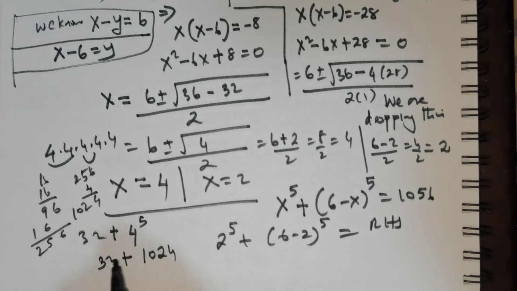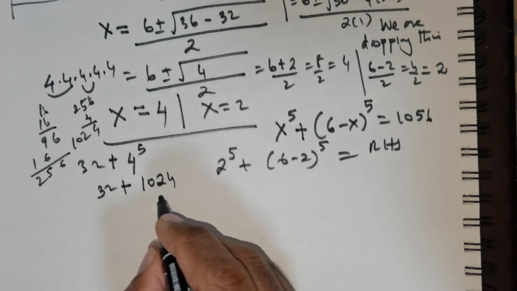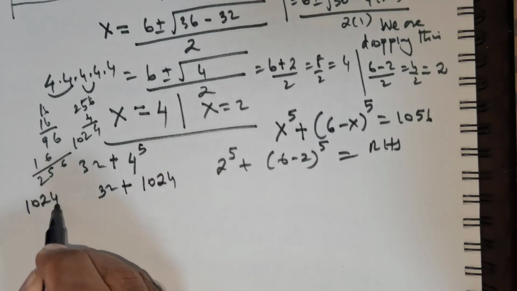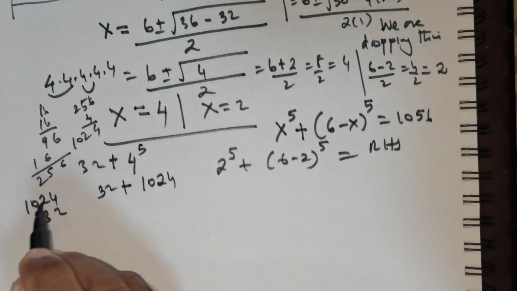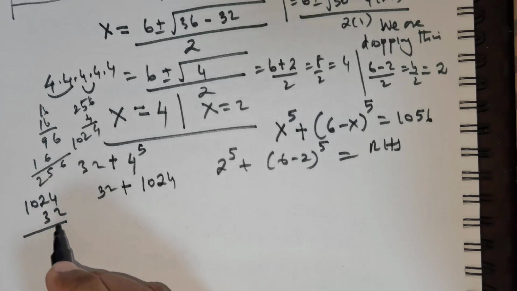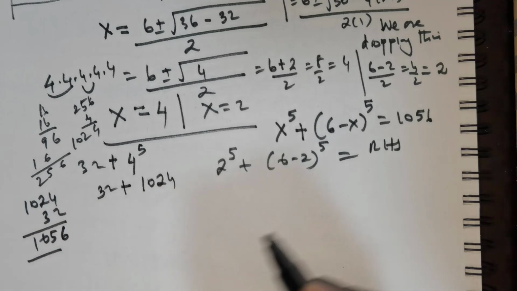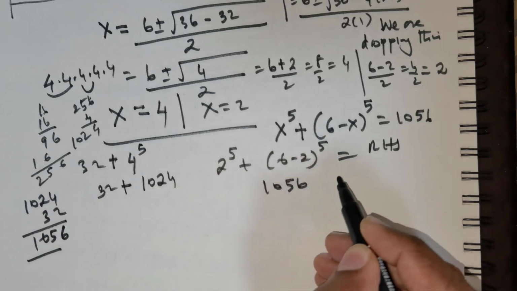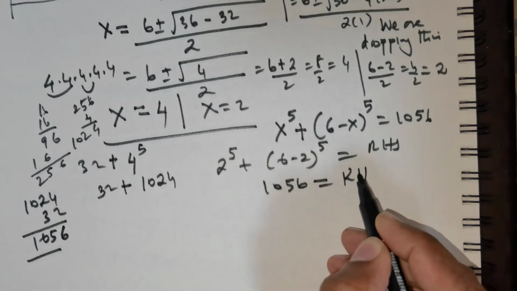This has to be added with 32. Let's add that up and check it out. 1024 plus 32 gives me 1056, which is equal to the right hand side.